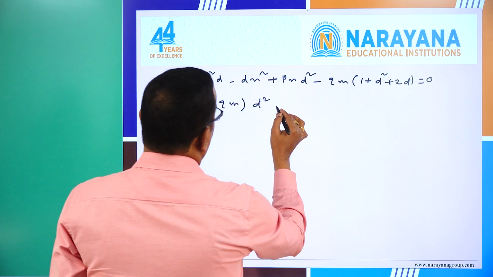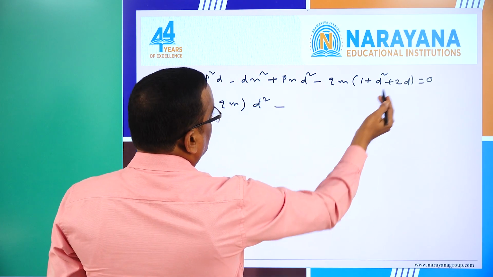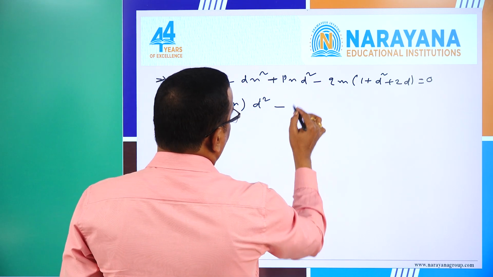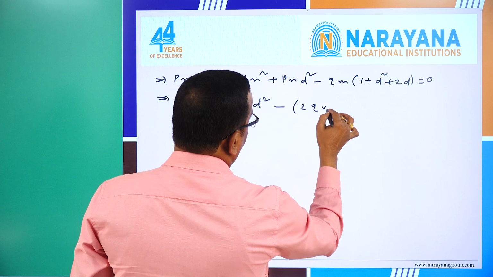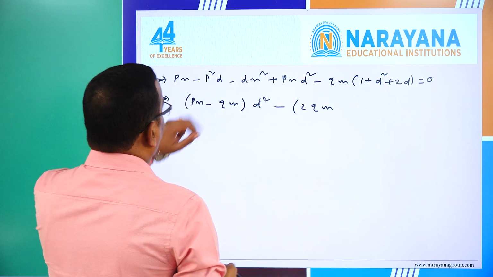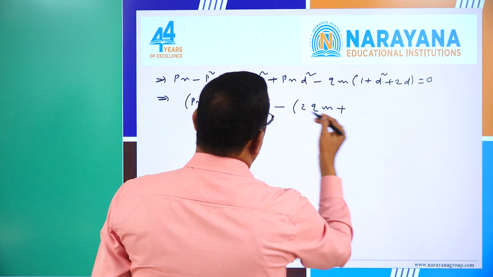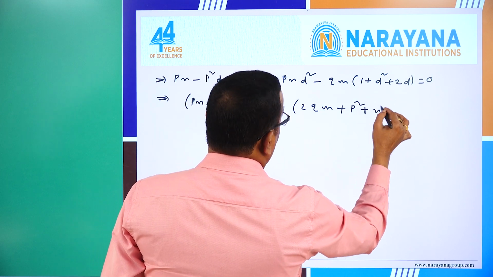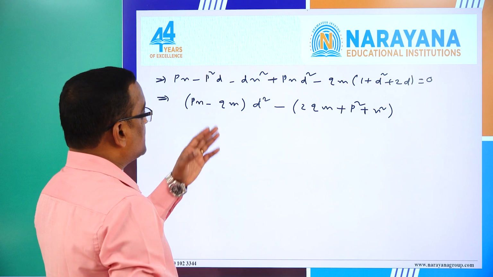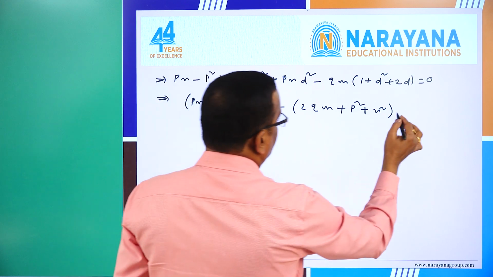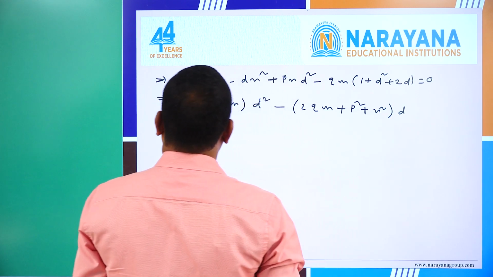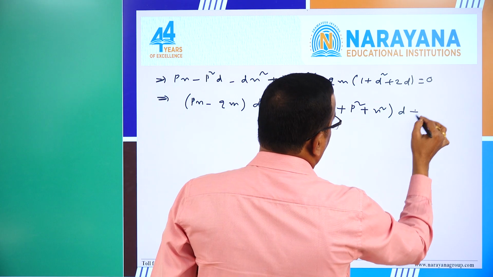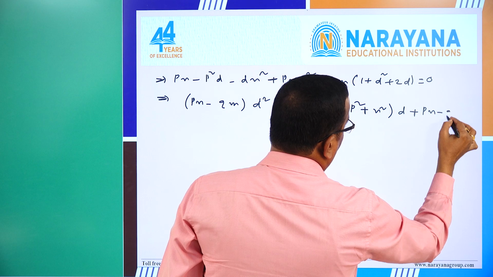And coming to D, here we have one D term, that is minus 2Qm, here minus P square, because we are taking minus common, it is plus P square plus N square. So D square term and this is D term, and the term not containing D is Pn minus Qm.